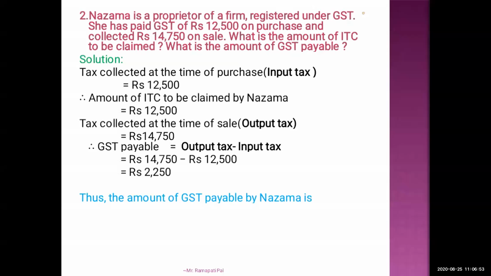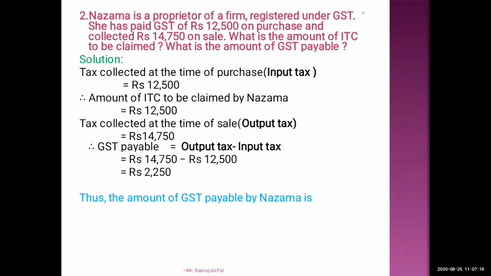At the end, you will write down: thus, the amount of GST payable by Nazma is 2,250, because we have to write the answer at the end. Whether it is a small question or a big question, you have to write down the answer at the end.